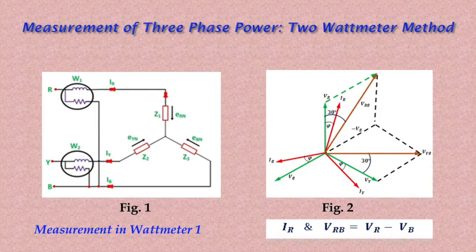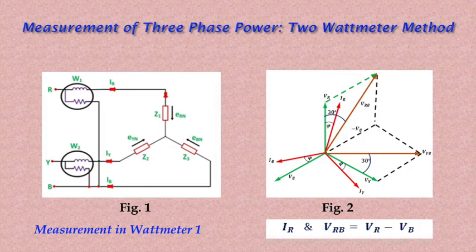Power in an AC circuit is measured with the help of a wattmeter, an instrument which consists of two coils called the current coil and the voltage coil. The current coil, having low resistance, is connected in series with the load so that it carries the load current.